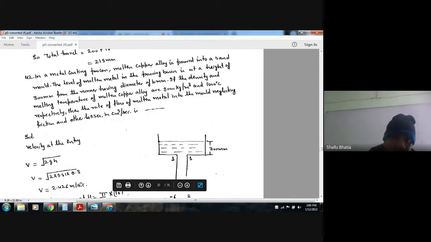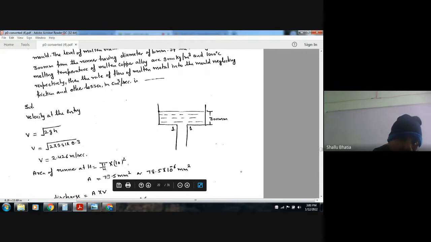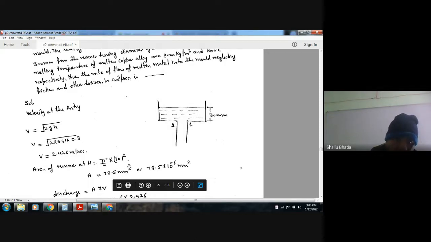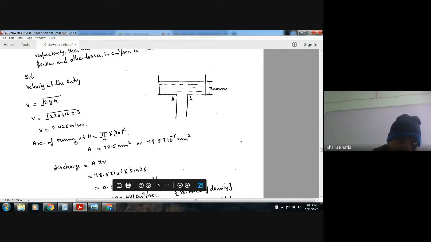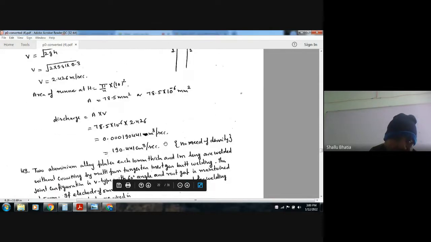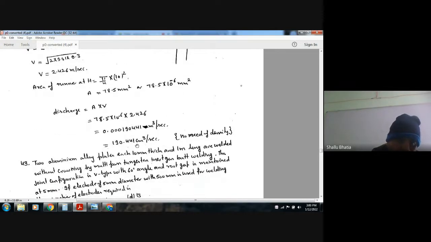So from this we can calculate velocity, and the area of the runner is given, pi by 4 times d square. The discharge is A into V. So the answer is 190.441 centimeter cube per second.